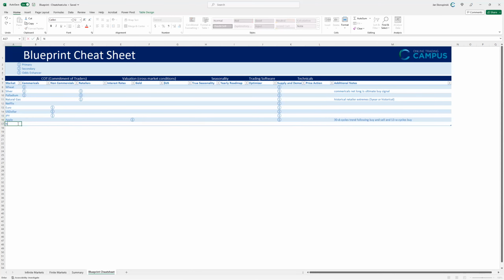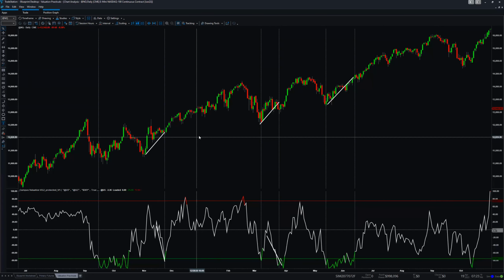But for the most part, our stocks will fall into this category. This is going to be our primary setup tool. We're going to look at 30-day cycles, trend following, and the 13-week cycles as a buy here as well.